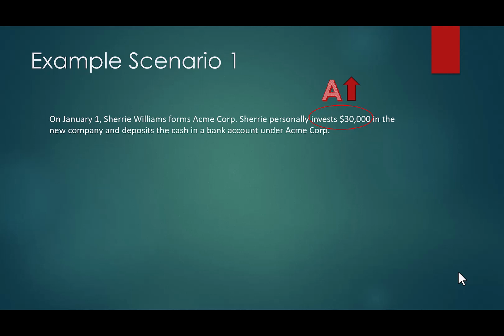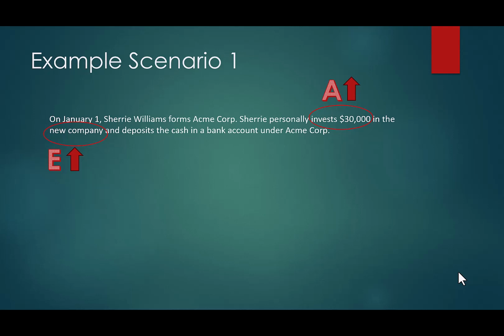The next thing we need to do is identify the other account that's being impacted in this example. In this case, we've got our owner, Sherry, investing money into the business, which is going to increase the equity of the company. So our equity account, the owner's capital account, is going up by $30,000.